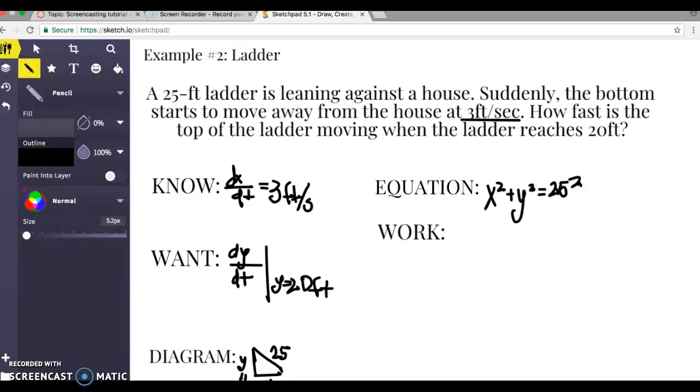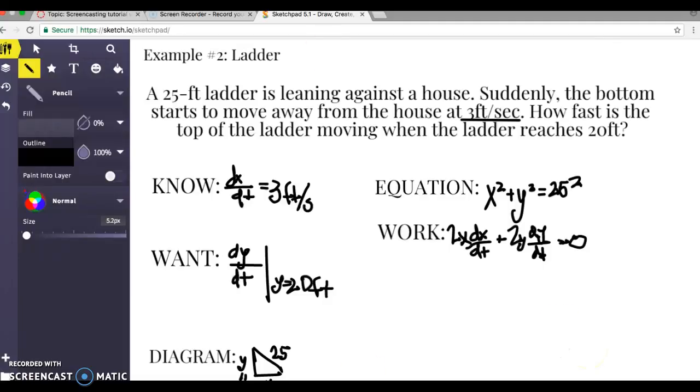All right, and now again we take the derivative of this, which is 2x dx over dt plus 2y dy over dt. And then the derivative of a constant is always 0. So we're going to do equals 0.